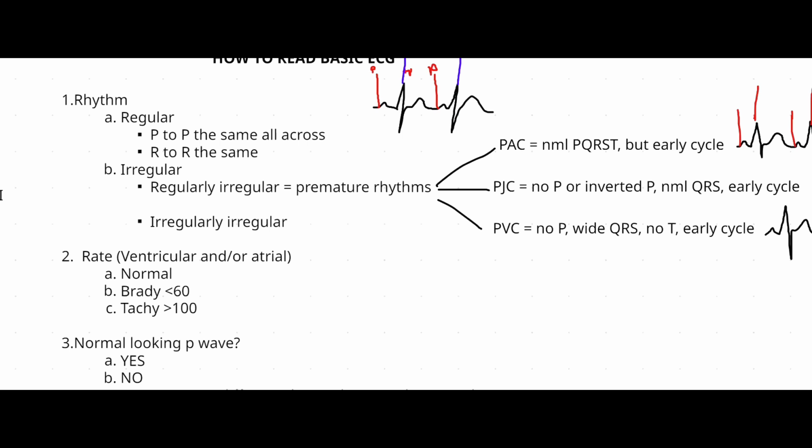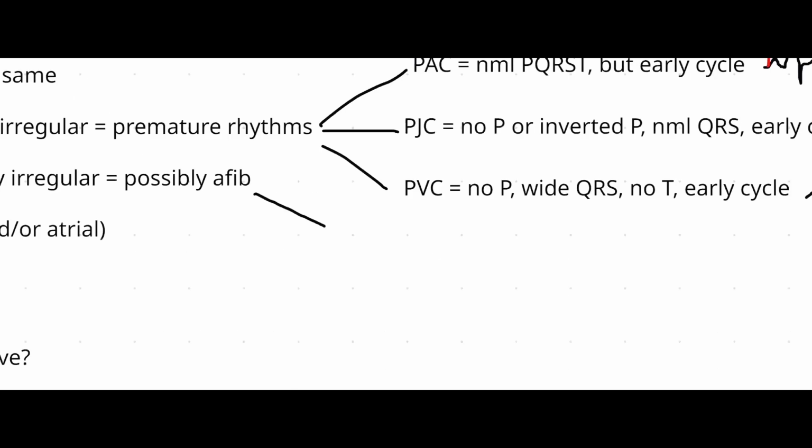AFib. Okay, so in AFib, there's other criteria, and it'll come when we look at the AFib later on, the P's. So you have, these are the P's. And then you have a normal looking QRS. Normal looking QRS. QRS.